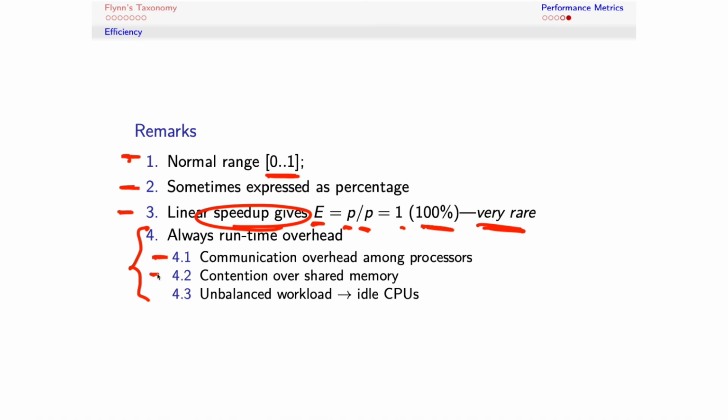Or in the case of a shared memory architecture where you have all the CPUs connected to the same memory, now you're going to have contention over that memory. Not all of the CPUs are going to be able to access every element of memory at the same time, and even if the hardware is sufficient to allow that to happen, the algorithm itself might impose constraints on who can access what portions of memory at the same time.